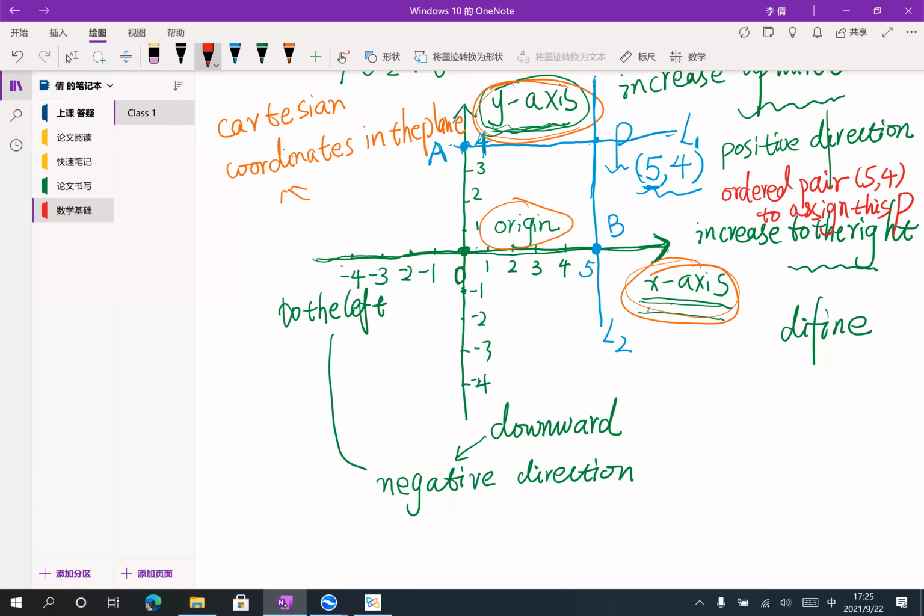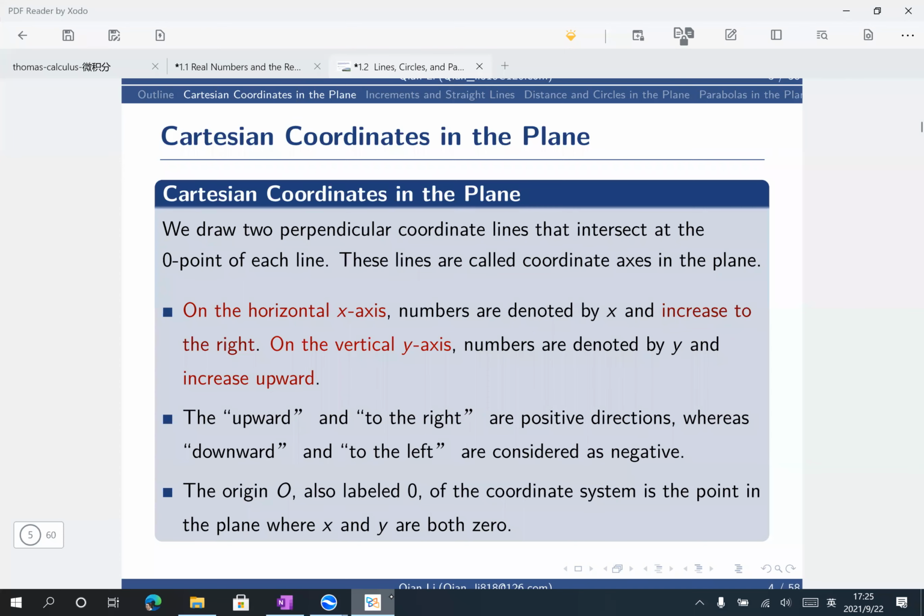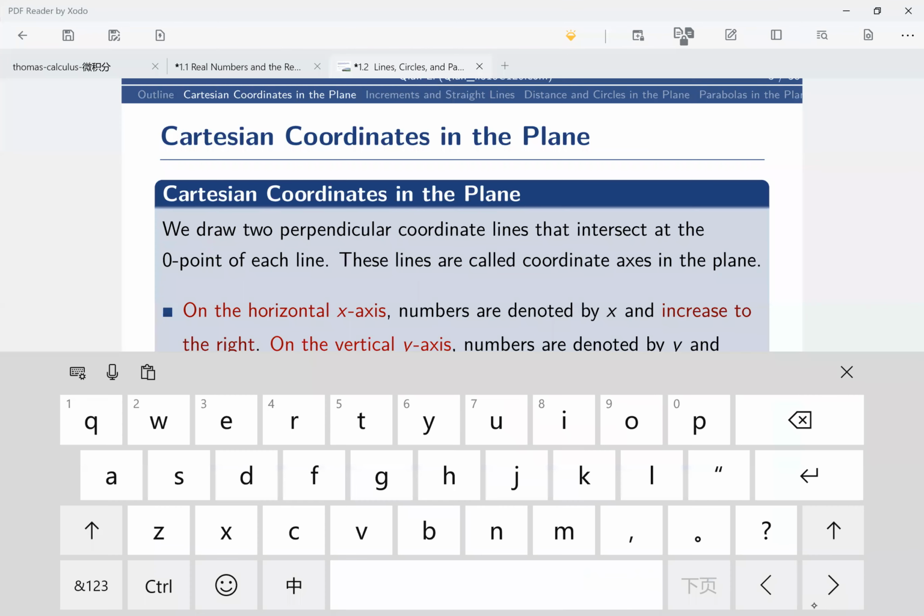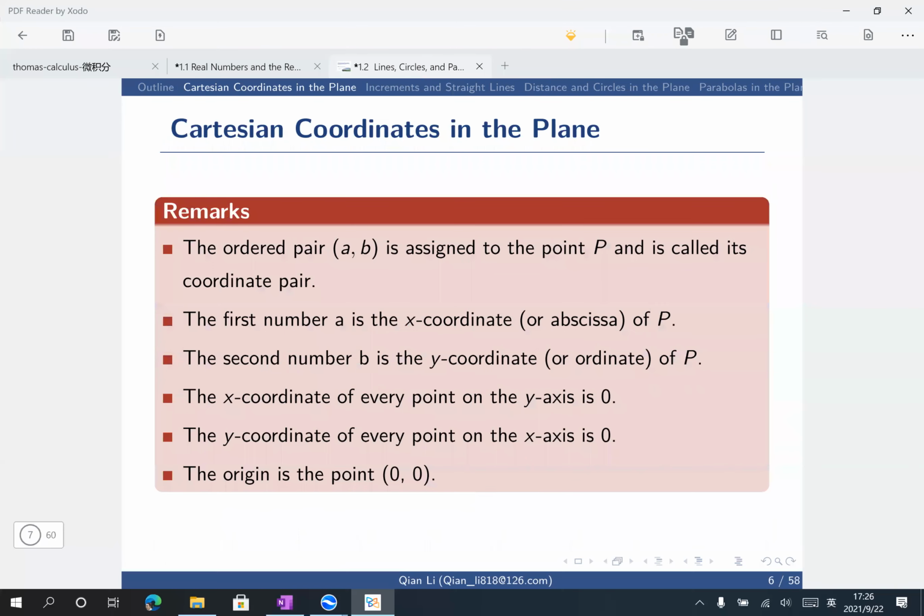And then let's see. This ordered pair (A, B) is associated to the point P, and we call this the Cartesian coordinate pair.